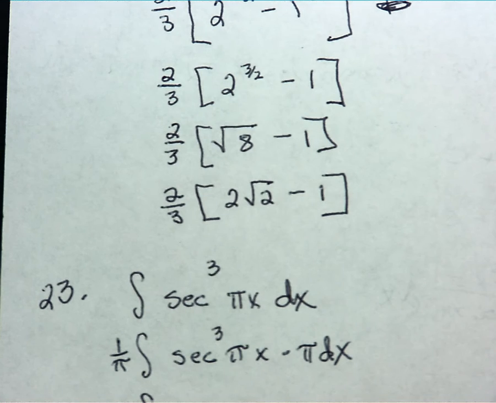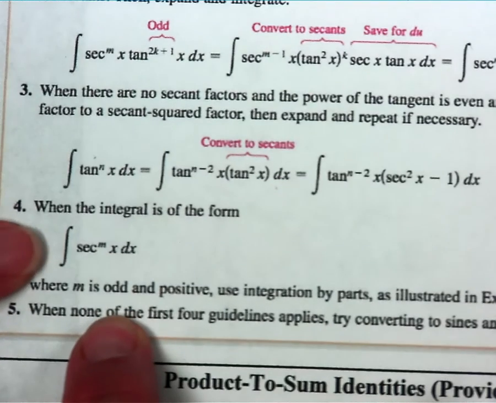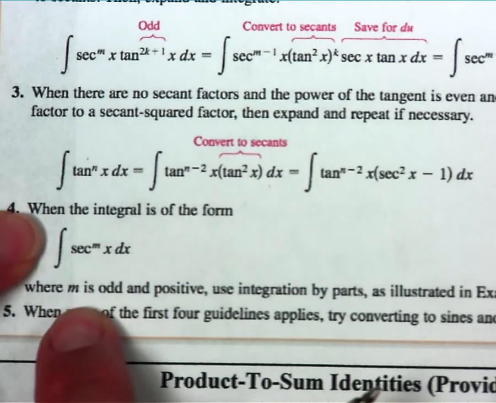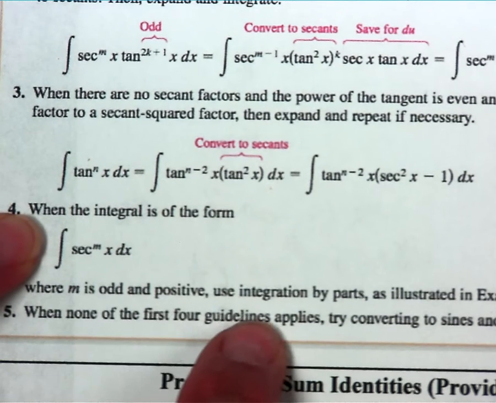Oh, shoot. Okay, what's bugging me? Right here, this number 4 says when secant to the power of x dx, when the exponent is odd and positive, use integration by parts.